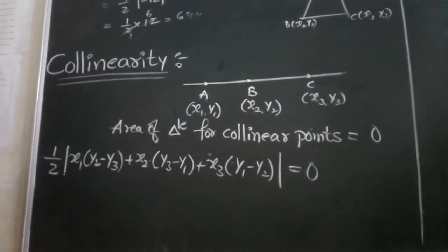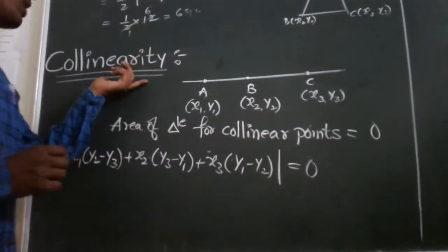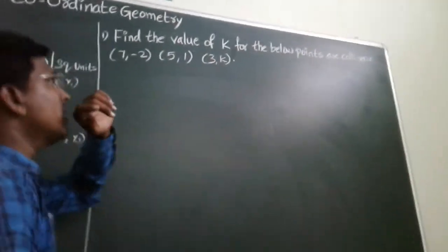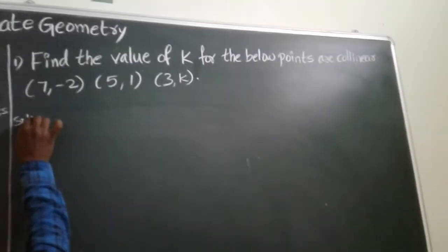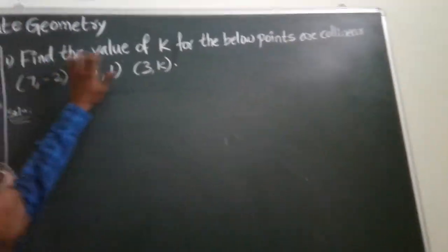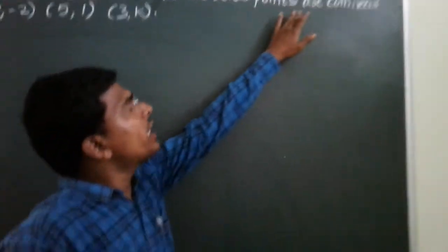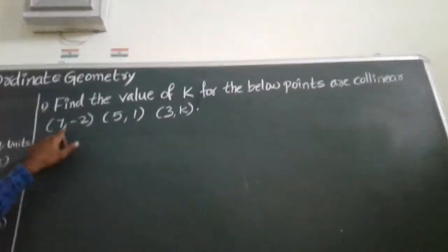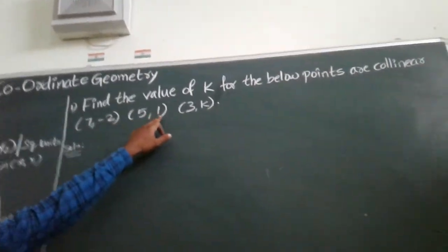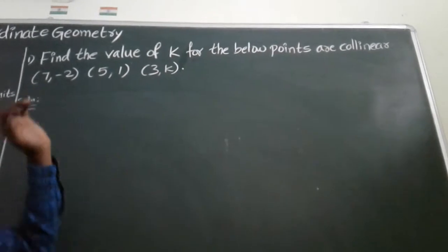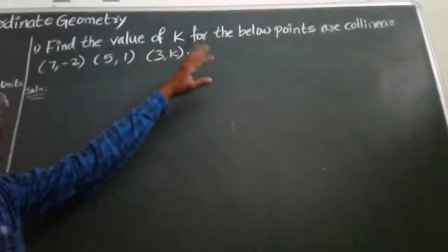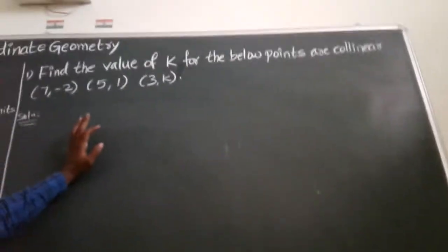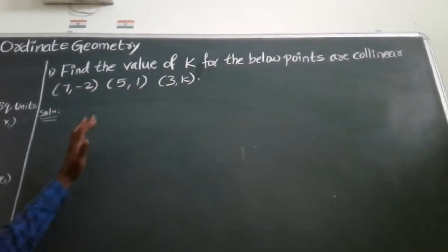To understand this concept of collinearity more clearly, let's solve one problem, then you can understand easily. The question is: find the value of k for which the below points are collinear. (7, -2), (5, 1), (3, k). In the question itself he has mentioned these 3 points are collinear.